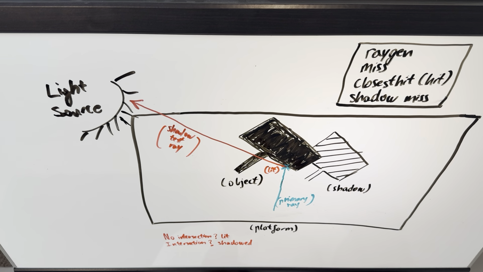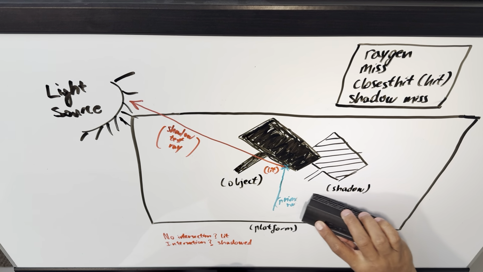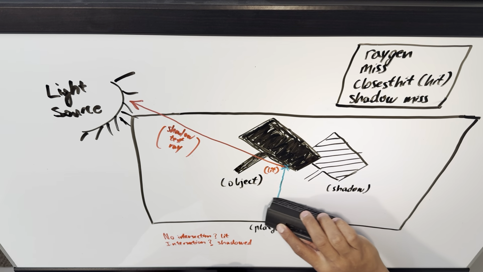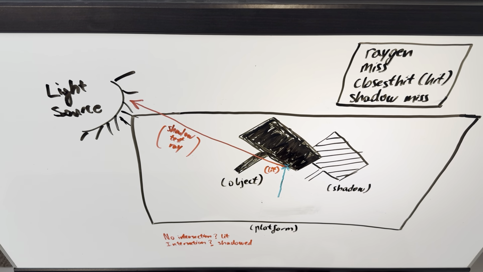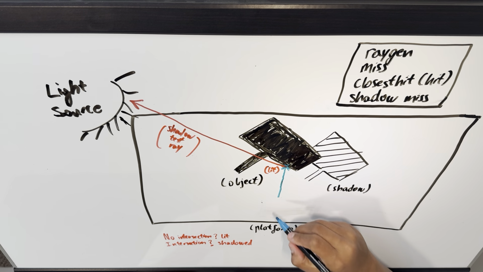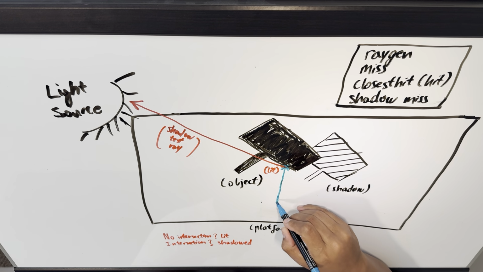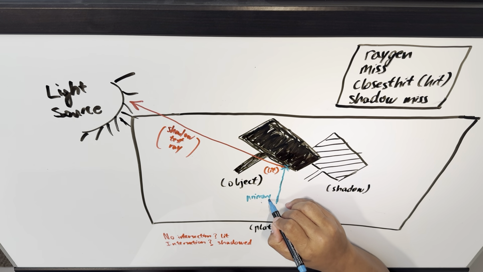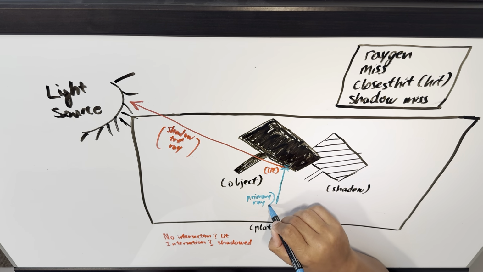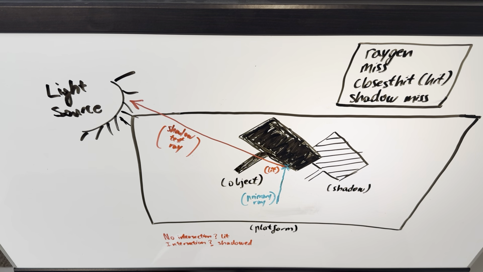Now how does the algorithm know that this is a shadow? How does it know that it's a shadow? Because I've got to re-engineer everything, guys. All right, this is our primary ray. Right?